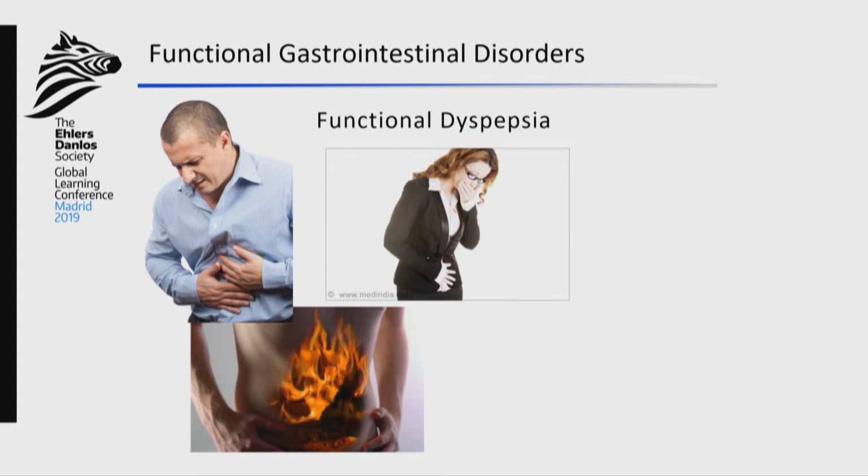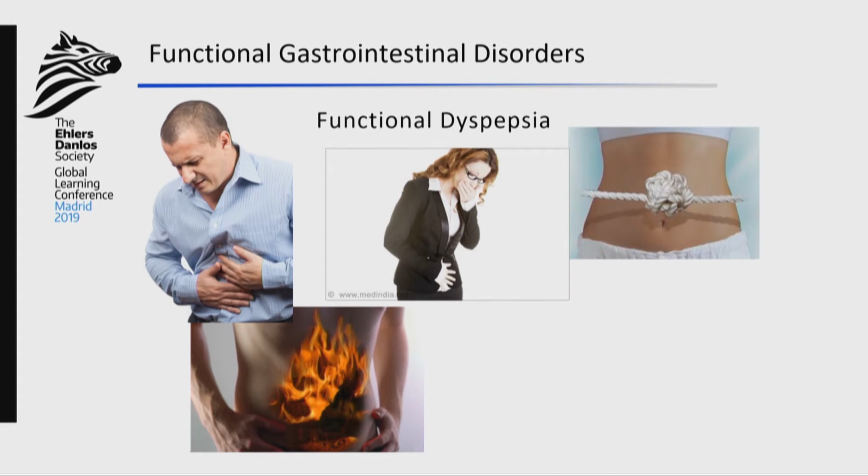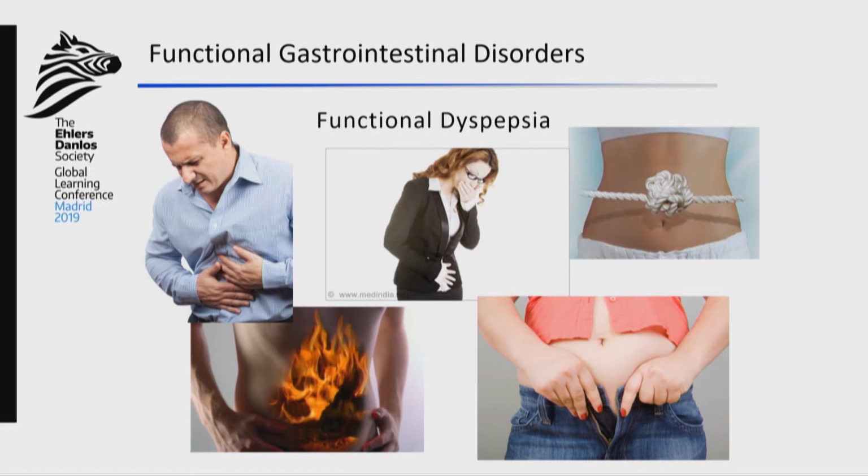Nausea and vomiting can be quite common as well. A feeling of tightness around the abdomen, as if there is a band around the abdomen, is sometimes described. And bloating is a very common symptom that we see in our patients.